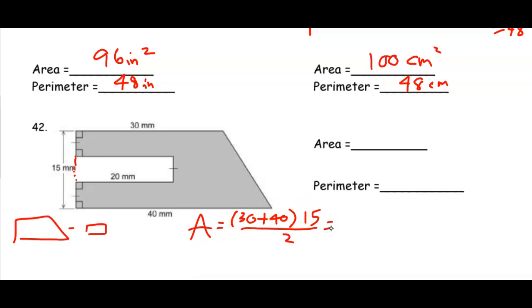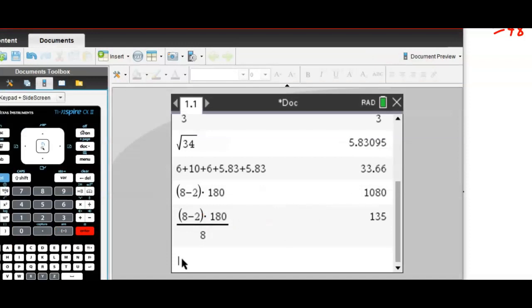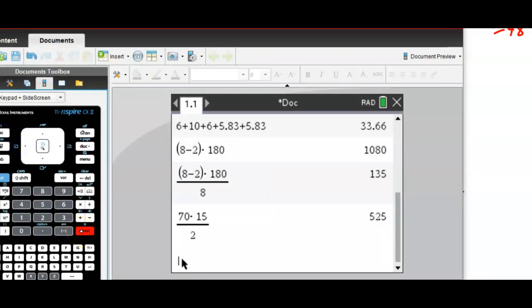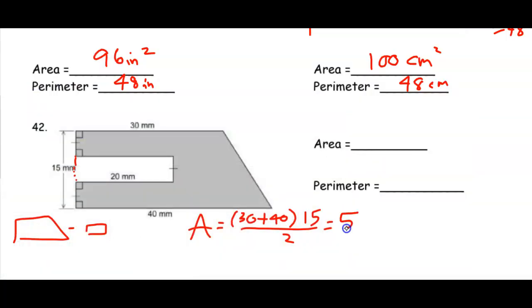All right, 525. Now let's find the area of that little rectangle. That was the trapezoid. Now the area of the little rectangle is going to be 15 times 20, which is 300.